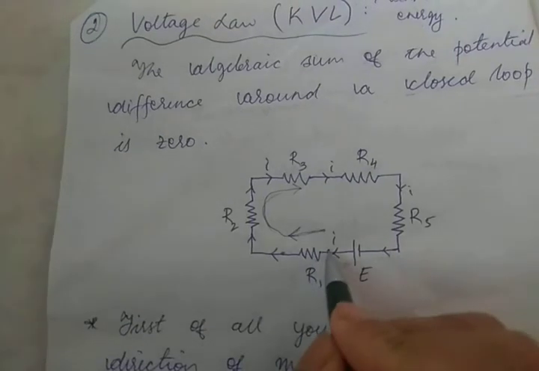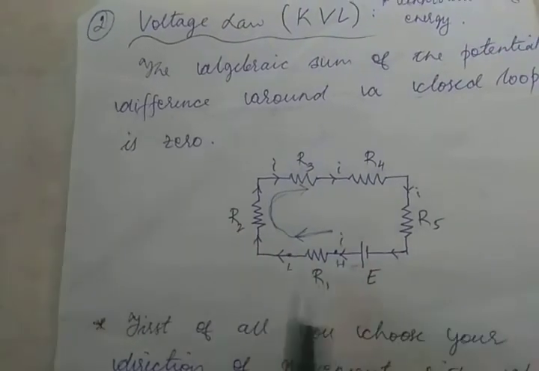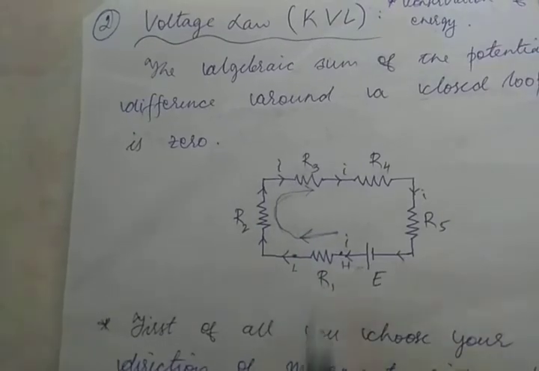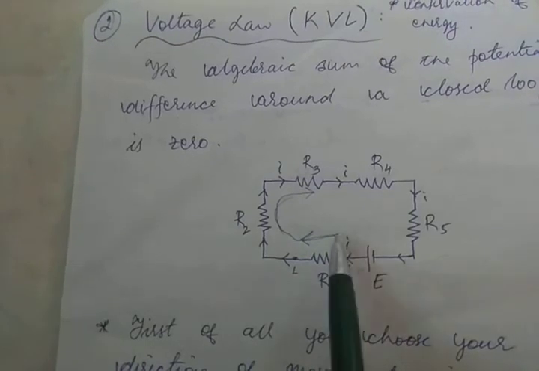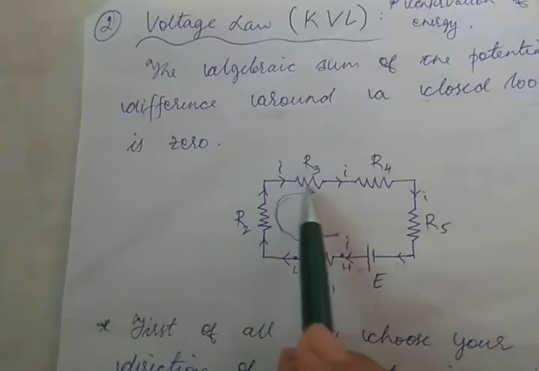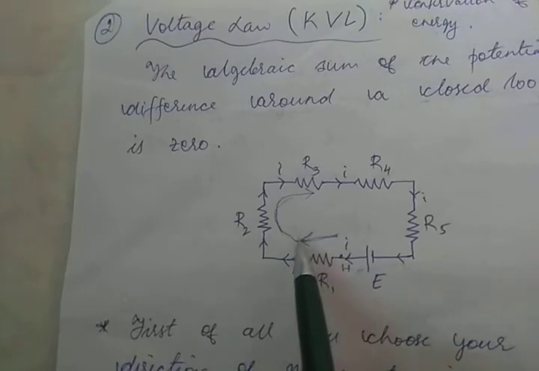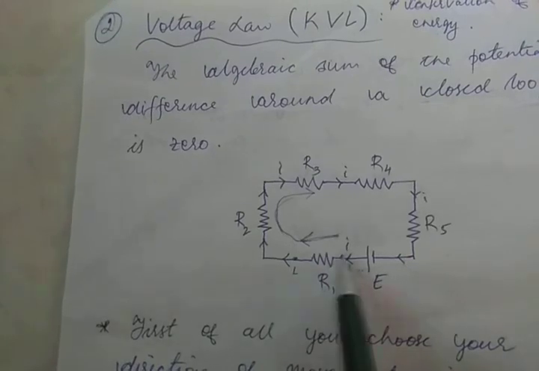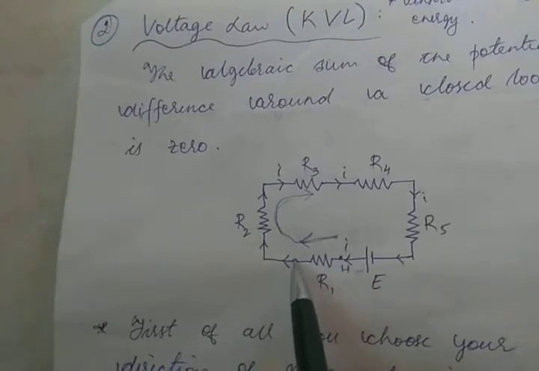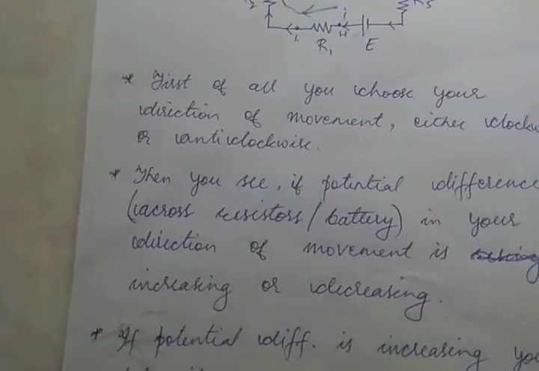So this point is at a higher potential than the other end of the resistor. So our direction, the clockwise direction that we've chosen, is from higher potential to a lower potential. So across this resistor, we are moving in a direction in which potential is decreasing.